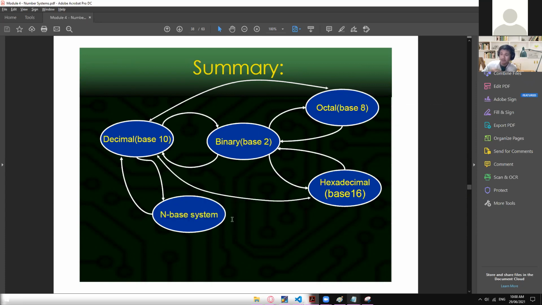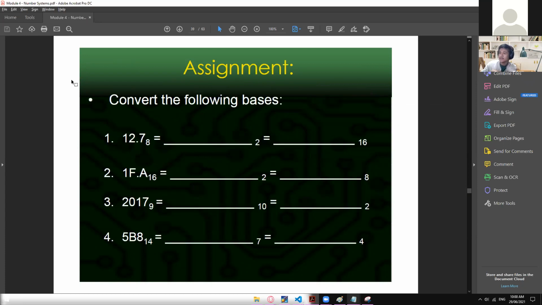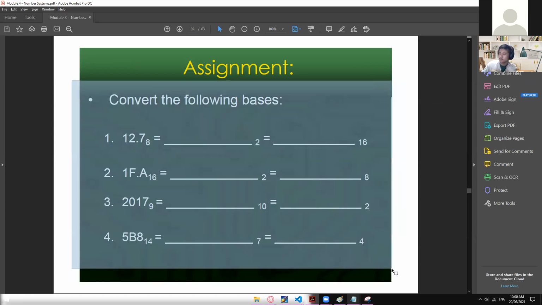But there are things that you can convert right away, like decimal to octal, octal to binary, hexadecimal to binary, and so on and so forth. But there are things, again, that need a double conversion or triple conversion. So again, there are more activities.